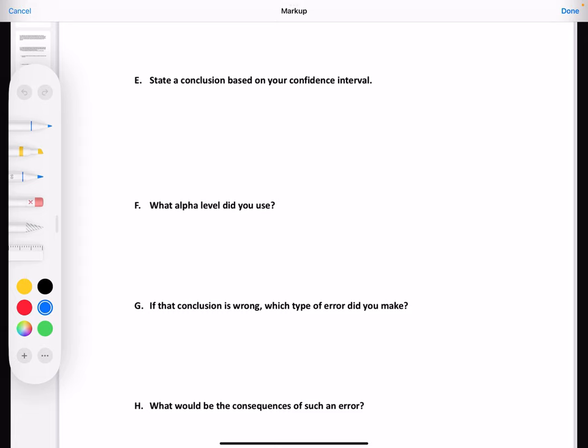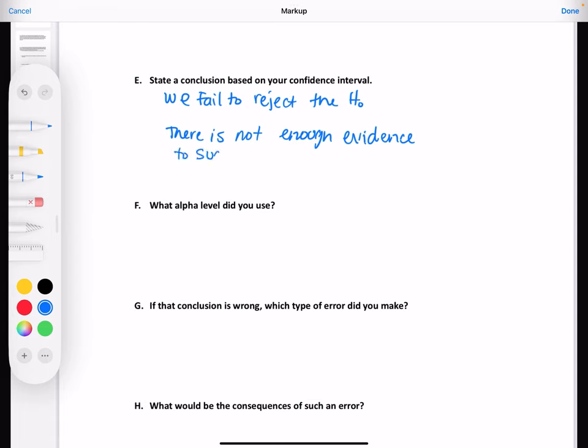So from our interval, we are going to fail to reject the null hypothesis because, again, 0 is included. So there is not enough evidence to suggest Prozac works better.